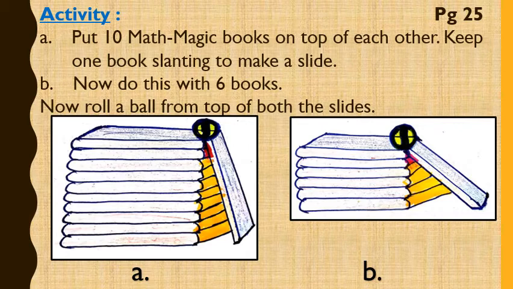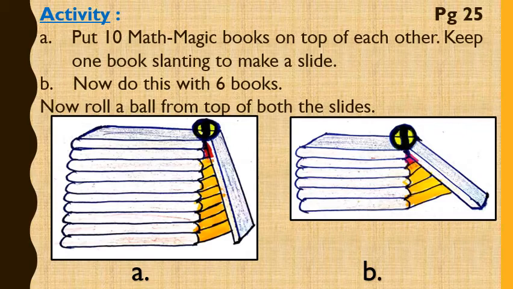Children, from which slide does the ball roll down faster? Answer is the ball rolls down faster from slide A. Now, children, tell me which slide has the smaller angle? Slide A or slide B?